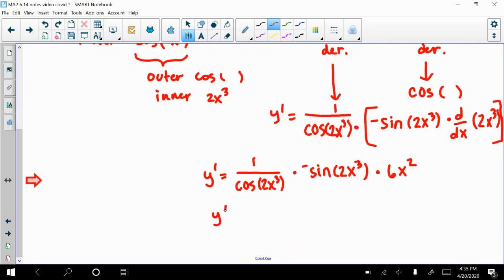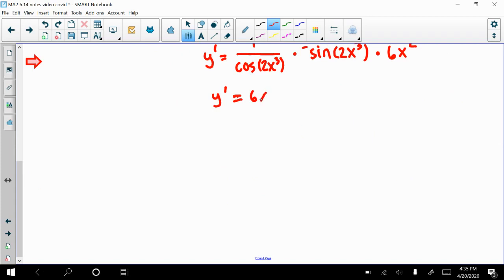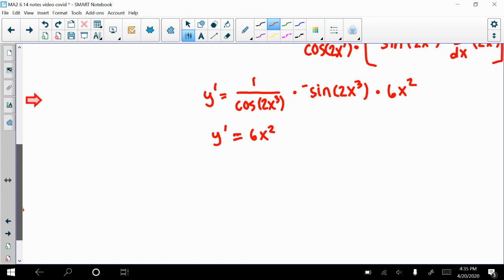So I have y prime equals 6x squared, negative times sine of 2x cubed over cosine of 2x cubed.